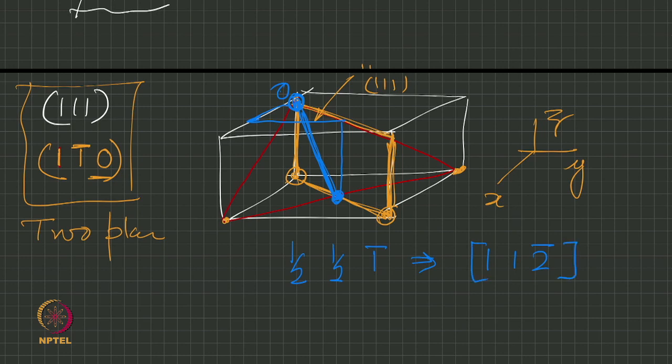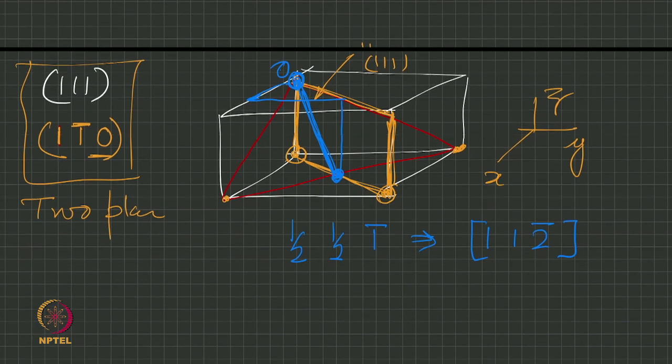You can use the Weiss-Jones law to verify your result. If this direction is the line of intersection, it should lie on both the planes. So, it should lie on 1 1 1 as well as on 1 bar 1 0, and you can quickly see that that is true, because 1 into 1 plus 1 into 1 plus 1 into minus 2 is equal to 0, which shows that 1 1 2 bar lies in the 1 1 1 plane.